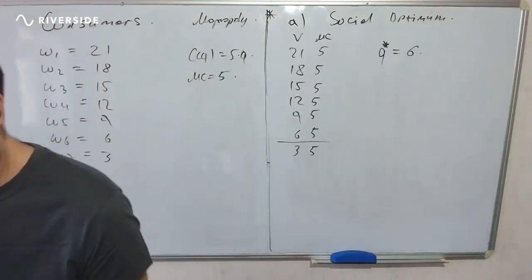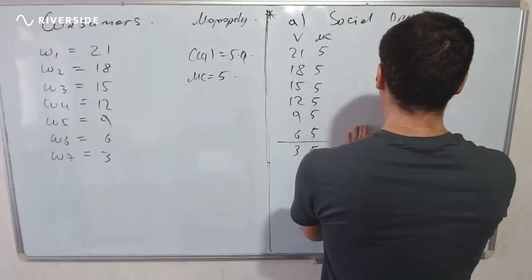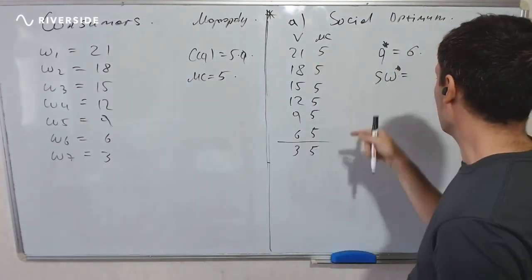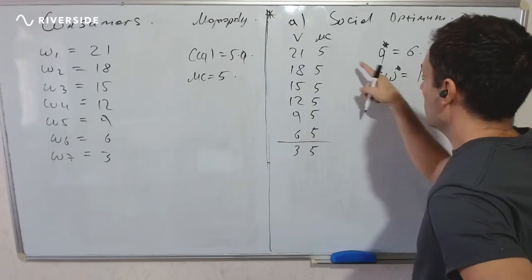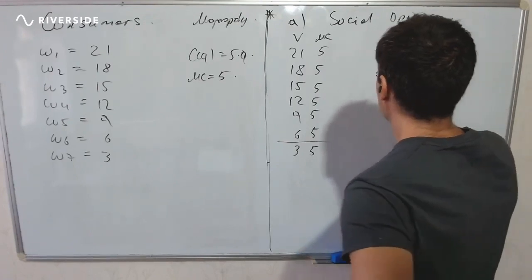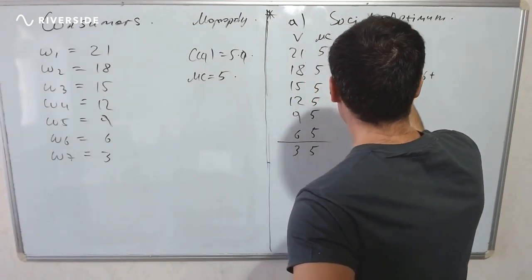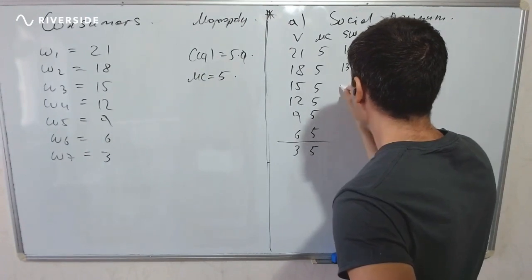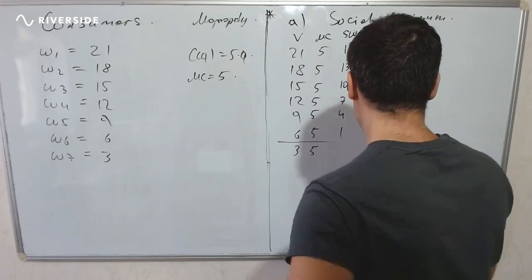and let's calculate social welfare here. Total value created will be just the difference on each car you make. For example, for the first one, it's 16. So the social value created: 16 here, 13 here, 10, 7, 4, and 1.